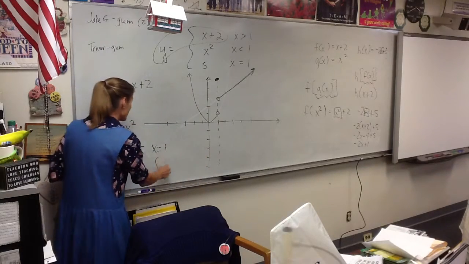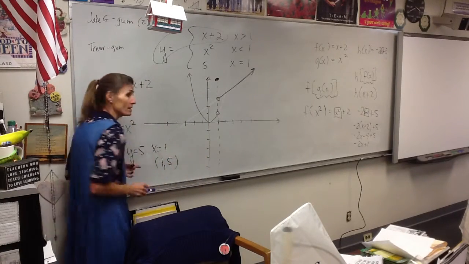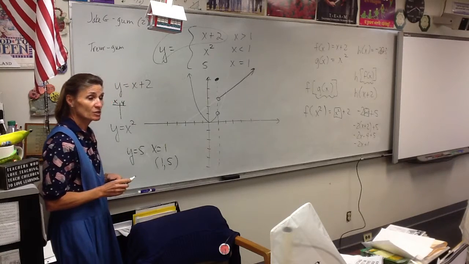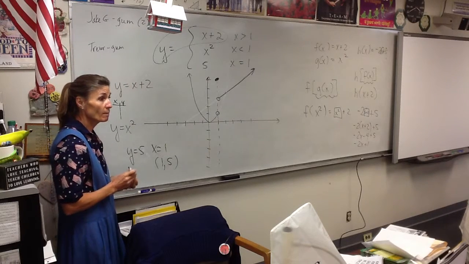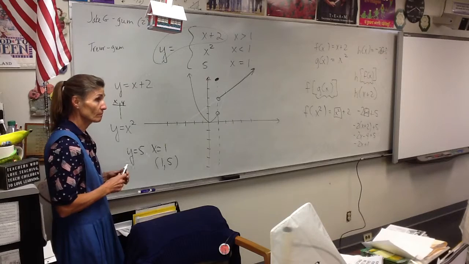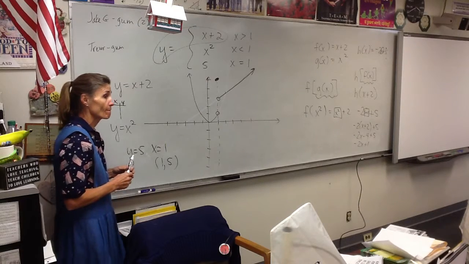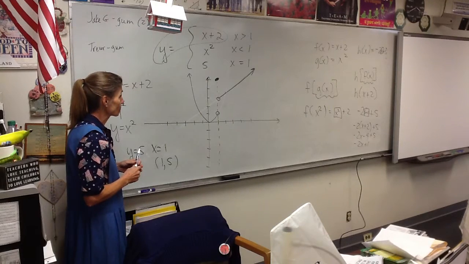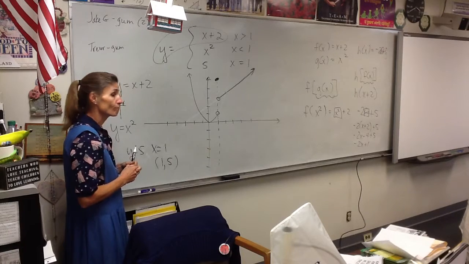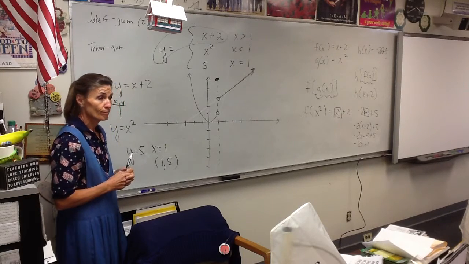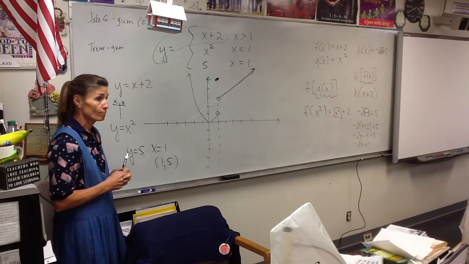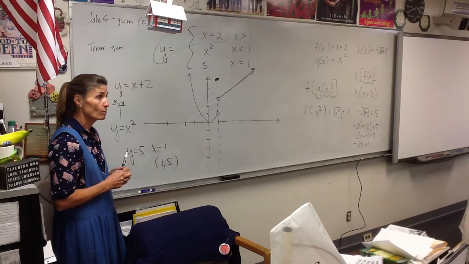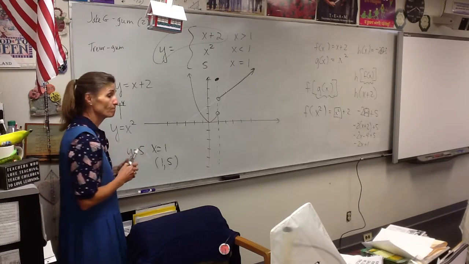It says let x be 1 and y will be 5. That's just a point, (1, 5). Okay, and you're done. You're all done.